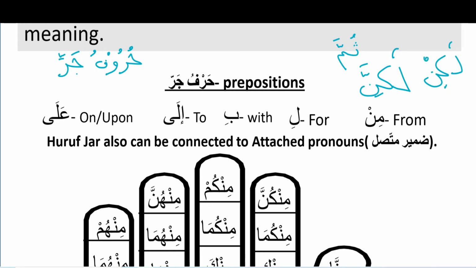This lam actually possesses lam alif, but it's written in that manner. Then we have kaf, nun, so that's 4 letters. Now we have lakinna with tashdid, so this is 5 letters. So this is 4 letters, and this is 5 letters.